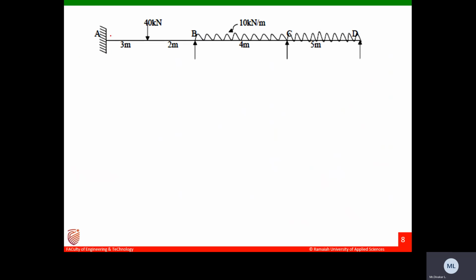Next step is, now you already calculated the sum moments. So you got here MAB is what?